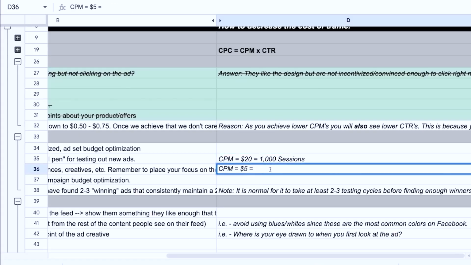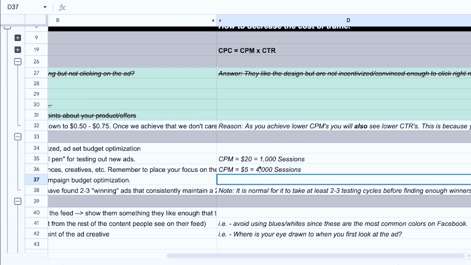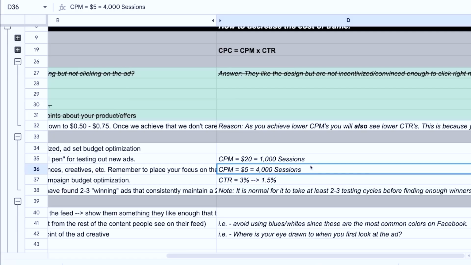For $20 down here, same amount of money, we're getting 4,000 sessions. So during that time, it would be very normal for us to see a link click-through rate of say 3% go down to 1.5%.